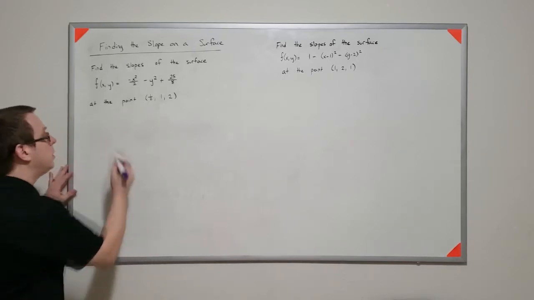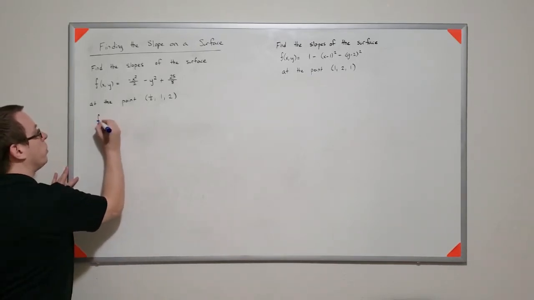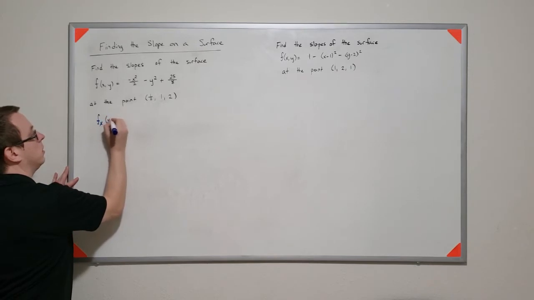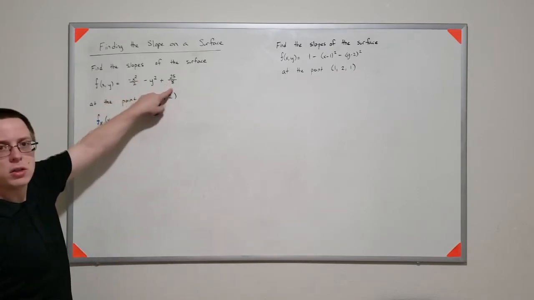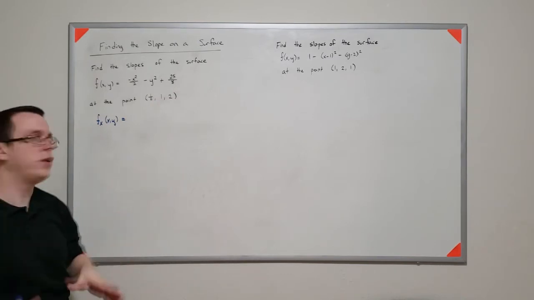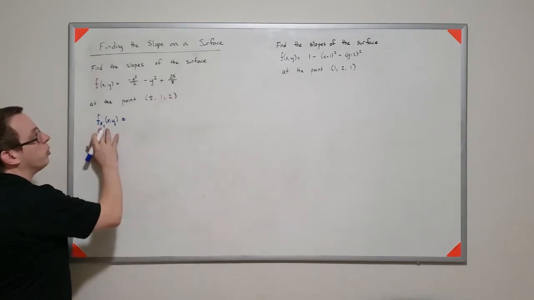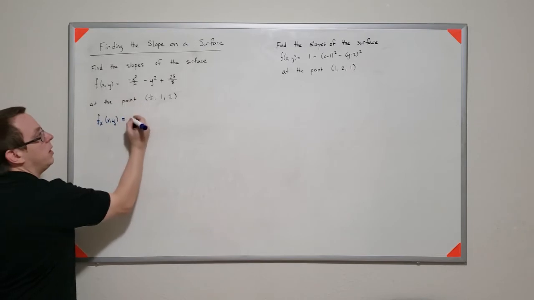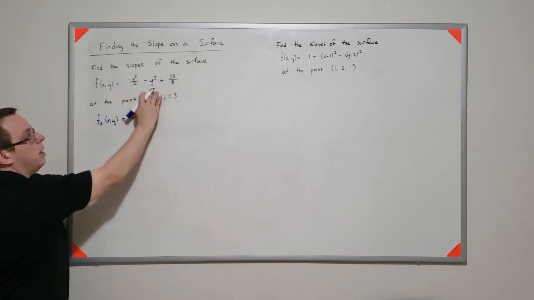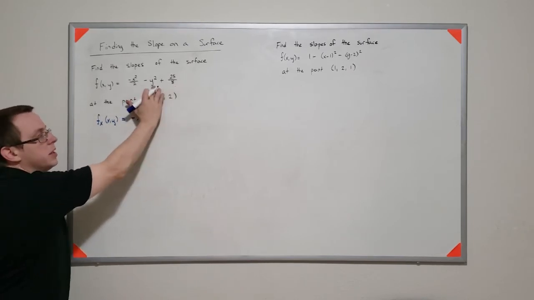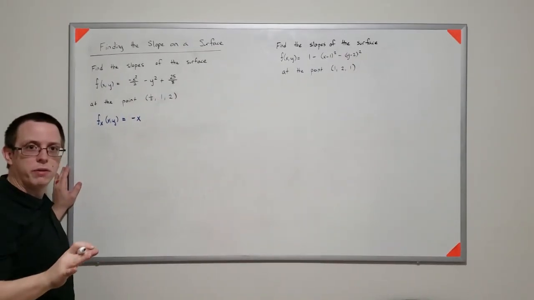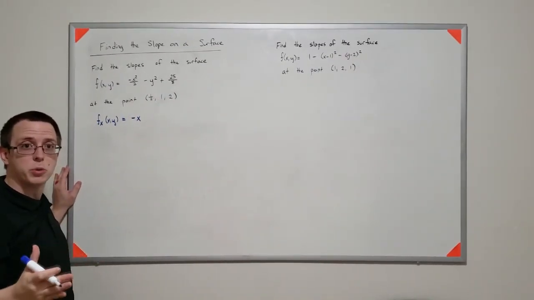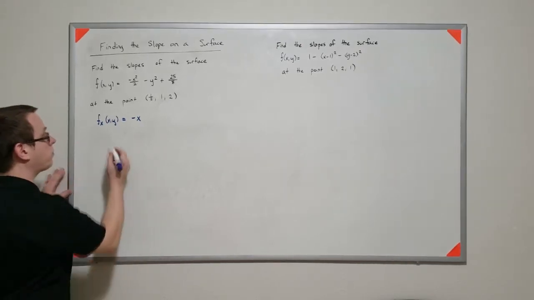So let's find the partial with respect to x. Well, luckily x, y, and this constant are all split up, so the derivative is fairly straightforward. The derivative with respect to x here is negative x, and since y is held constant and this number is a constant, their partial derivatives with respect to x are 0.